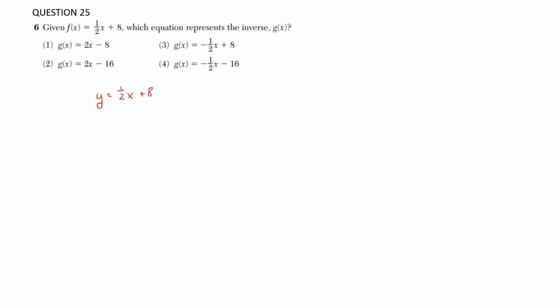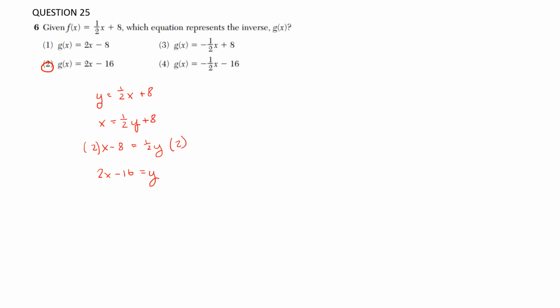Now if we switch the x and y values, x equals 1/2 y plus 8. Let's put that in our y equals mx plus b form. We can subtract 8 from both sides and get x minus 8 equals 1/2 y, and then multiply both sides by 2 and get 2x minus 16 equals y, giving us answer choice 2.